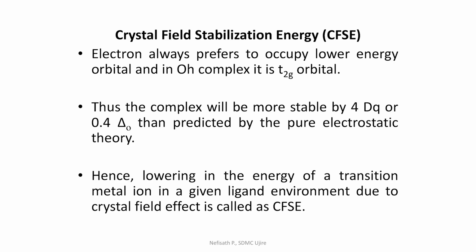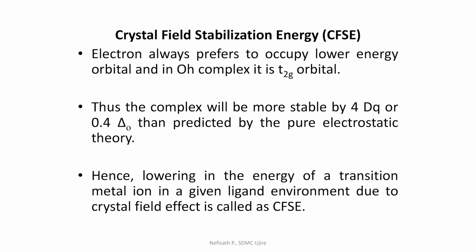They are degenerate, and hence an electron can be accommodated in either dxy, dyz or dzx. Of course, the degeneracy will be lost as the number of electrons increases here. And as I told, whenever electrons get into the T2g, they get more stable by either 4 Dq or 0.4 delta O.